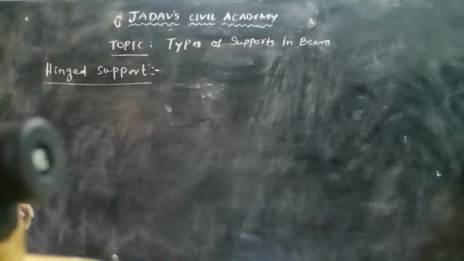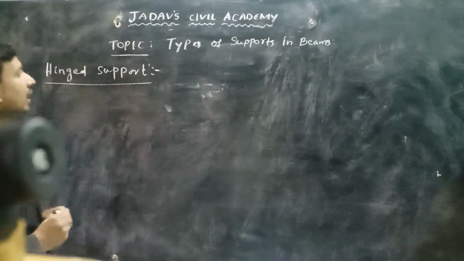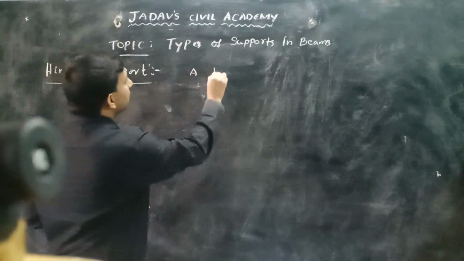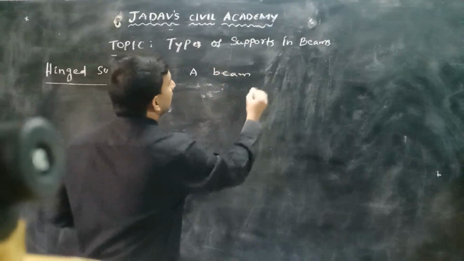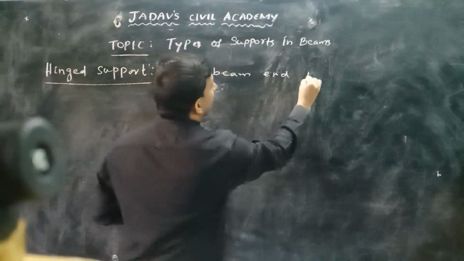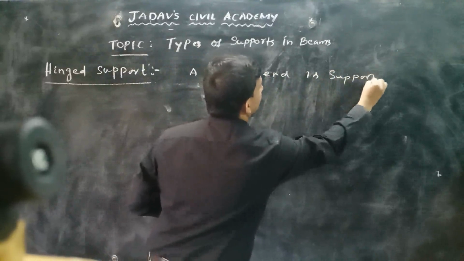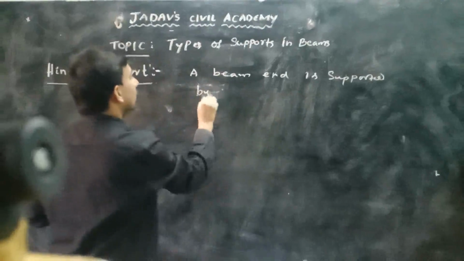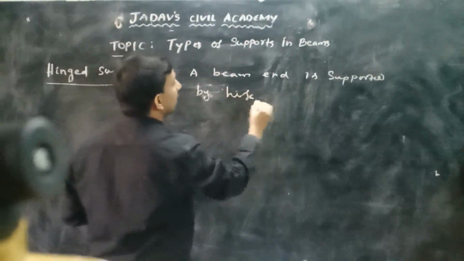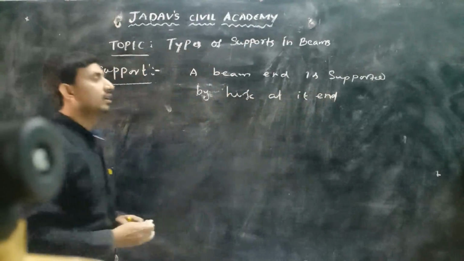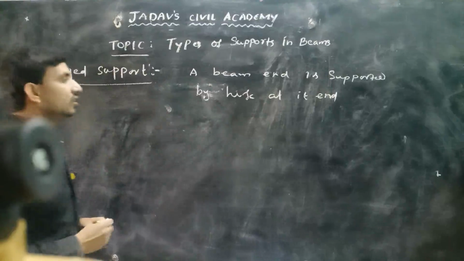Now we will discuss the hinged support. Let me write the definition: if a beam end is supported by a hinge at its end, that is called a hinged support.